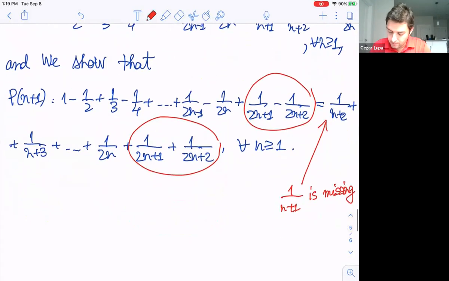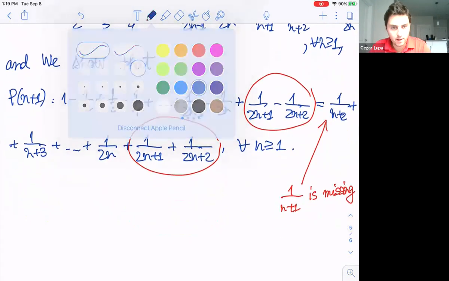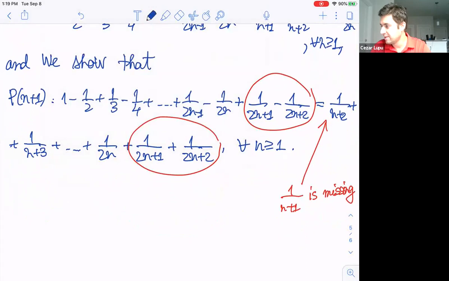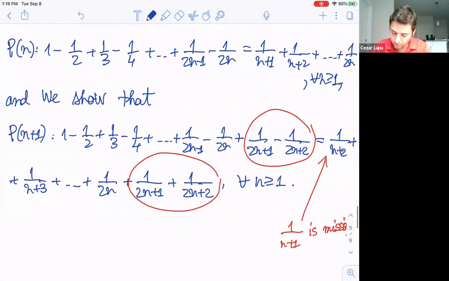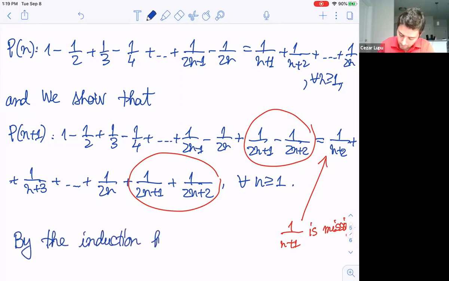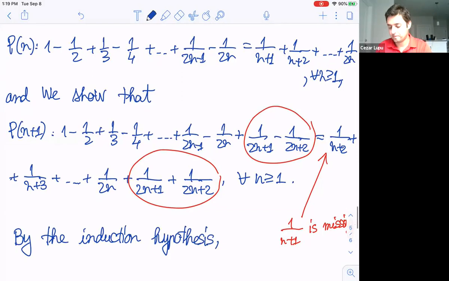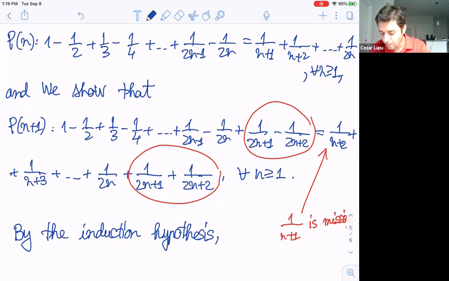Well, since this guy is missing, no problem, we can add the guy. So now, what do we know? I want you to look carefully at these two. By the induction hypothesis, what do we know?